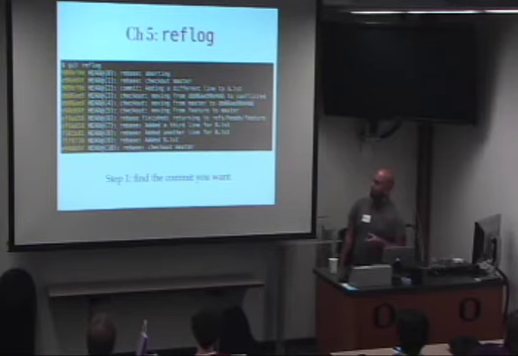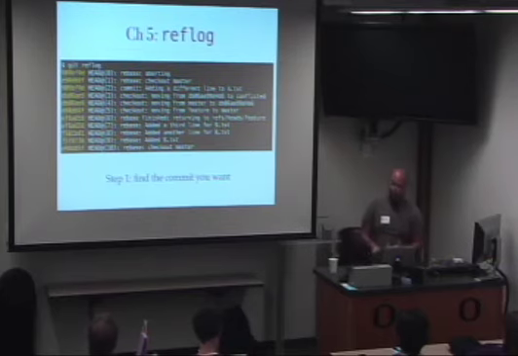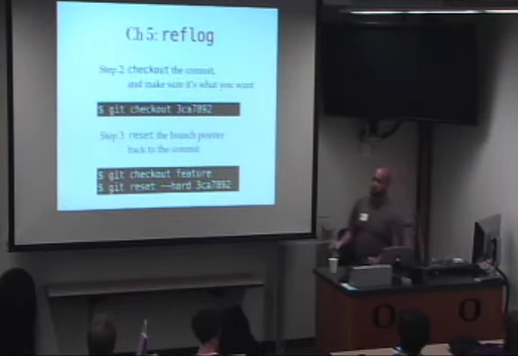So what that means is, let's say I did that rebase, and now after I've done all these operations, I realize, oh no, I didn't actually want to do that rebase at all. I want to go back to the way things used to be. I want to undo the rebase and just go back to the original version of the branch. Well, what I can do is I can find that commit hash and then check out the commit, take a look at the files, make sure that it really is what you expect it to be, and then use git reset to set the branch pointer back to that commit.